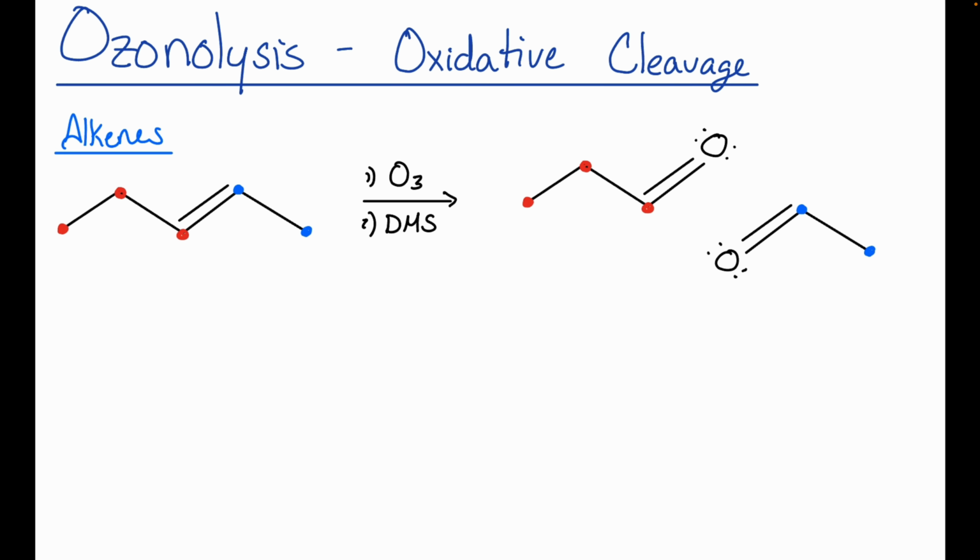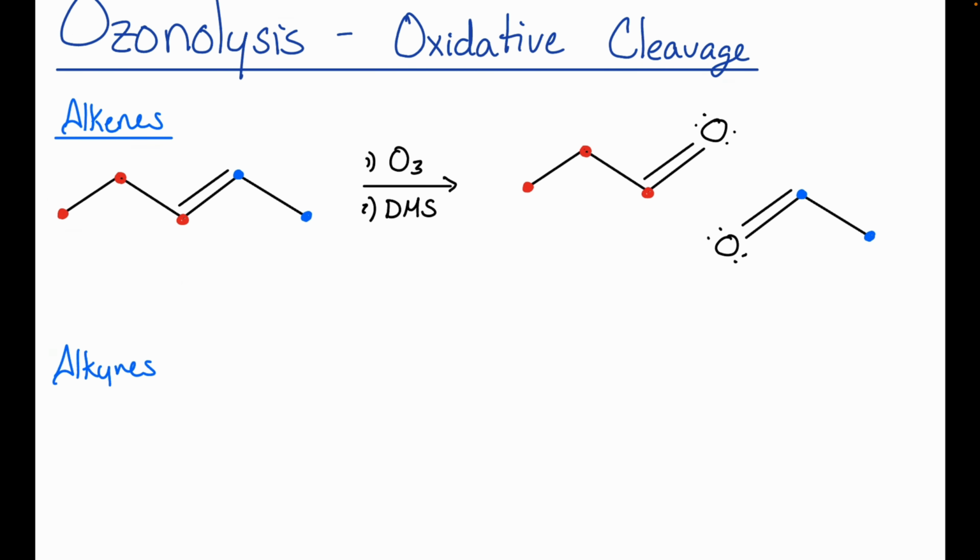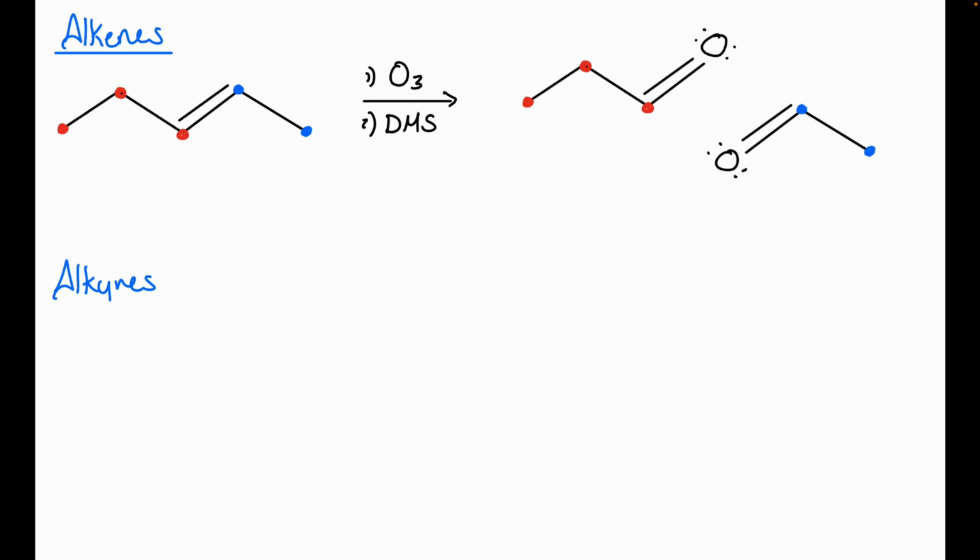For our alkynes, okay, let's get another example here, but instead of that carbon-carbon double bond, we're going to put in that carbon-carbon triple bond. All right, of course, I'm going to be good and draw it in that linear geometry.